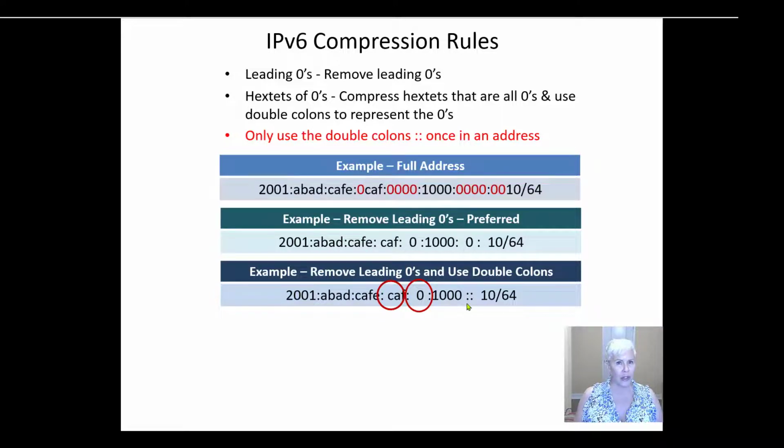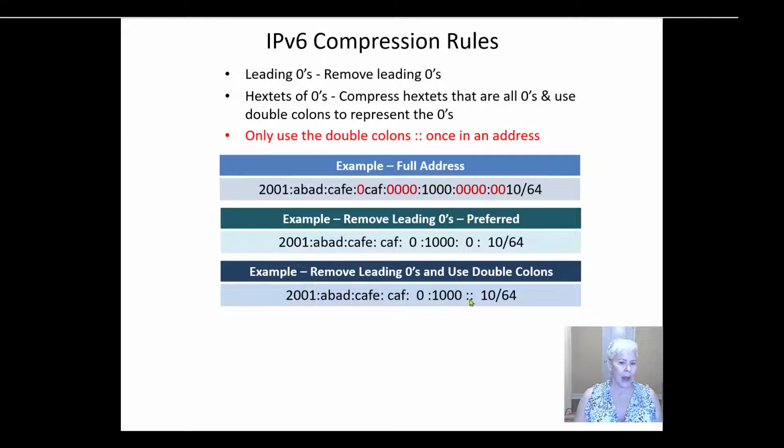For this particular hextet, I will go ahead and use the double colons. This will shrink up my address even smaller, and then I remove the leading zeros for my 8th hextet. This gives me a little bit shorter address, and again, notice I used the double colons only one time.